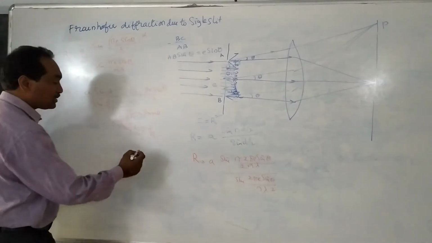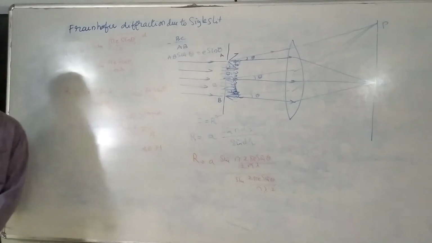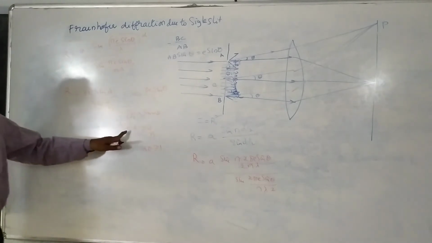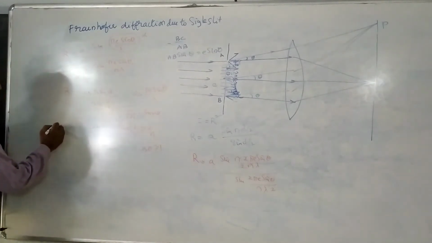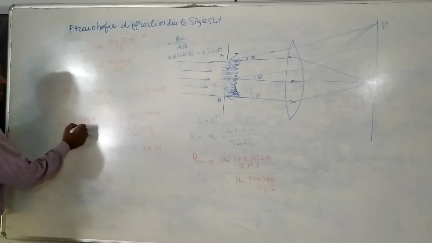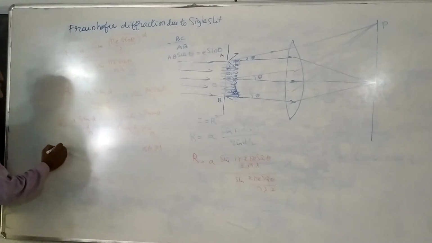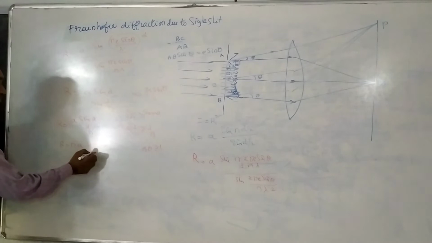But in the case of cos, if theta is very small, cos theta is nearly equivalent to 1. So sin alpha by n is nearly equivalent to alpha by n. That is, the resultant amplitude R is equal to A sin alpha by alpha by n, that is R is equal to n into A into sin alpha by alpha.